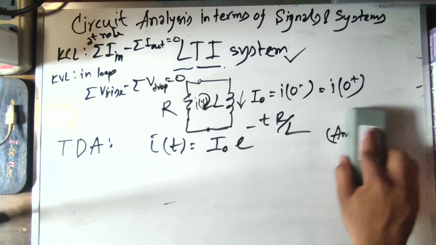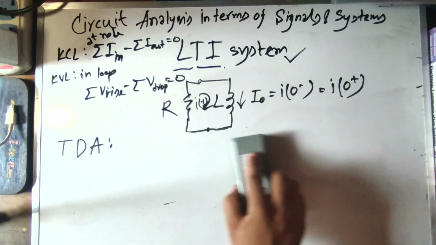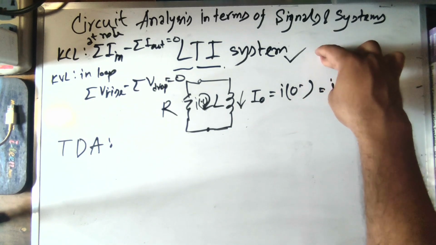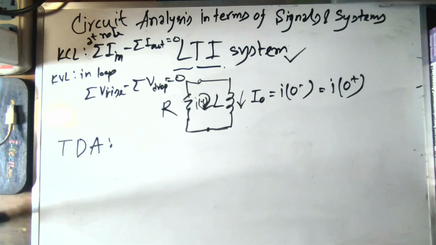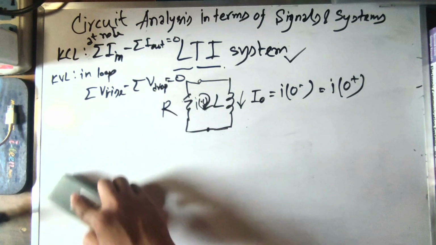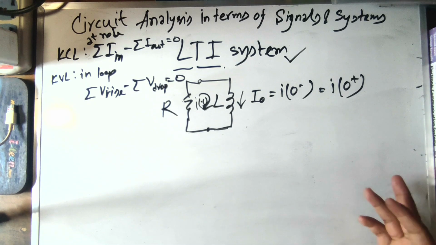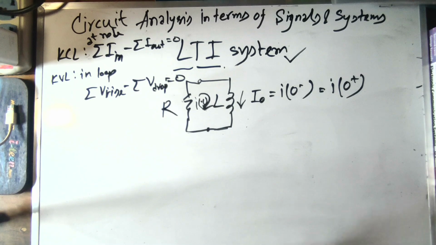So how are we going to do analysis in the frequency domain? That is where the properties of the LTI system come in handy. Because the electrical system is modeled as an LTI system, it gives some transformation technique advantages.